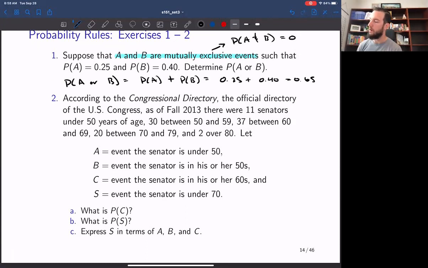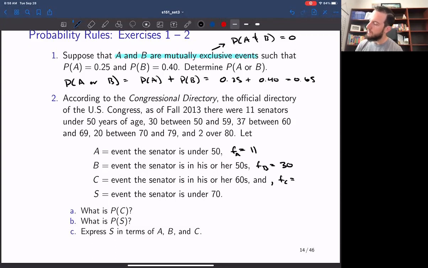We're going to let event A be the event the senator is under 50. Here, capital F of A is going to be 11 because we are told there are only 11 senators under 50. In B, the senator is in his or her 50s. Here we have F of B, which is all senators in their 50s, of which we have 30, because we are told that 30 are between 50 and 59.